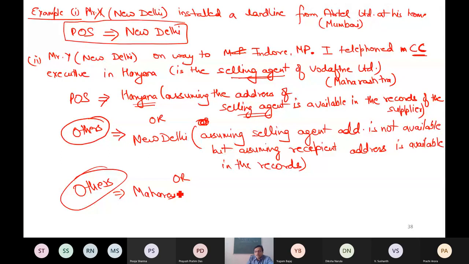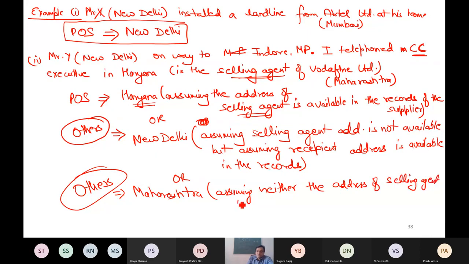When Maharashtra is the answer, assuming neither the address of selling agent in the records is available. This word is necessary, in the records, because when you say address must be available, when you purchase anything from any shop, address is available. When you say records, then we have to check which address is in the records.